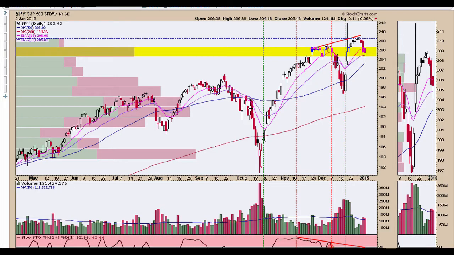Focusing on the daily chart for a moment, we have this volume by price bar right here between 204.25 and 205.25. We saw some buying come in late in the day on Friday and push prices back up in between the two moving averages. It reversed on the 17th, came back up, broke through that area again, came up to the highs, put in a higher high, and then we tested that on Friday and bounced.